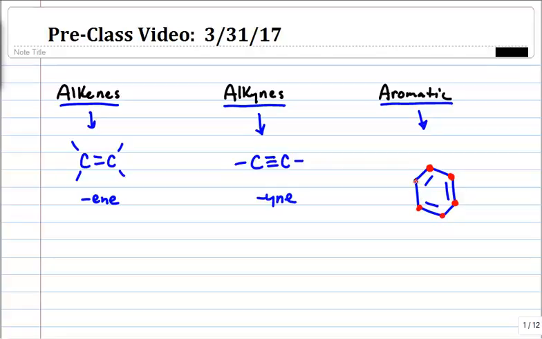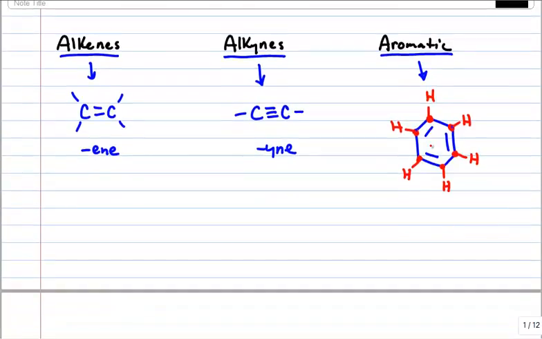And of course, in benzene, each one of these carbons has to have one hydrogen because each carbon ultimately has 4 bonds. Now, to make different types of aromatic compounds or molecules, you can substitute one or more of these hydrogens and add on other atoms. So when you see a benzene ring, you can say, well, this is an aromatic compound.